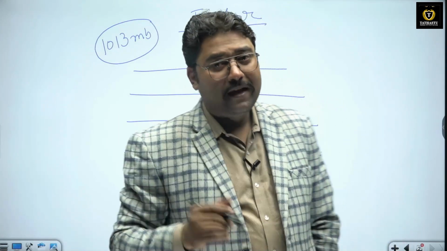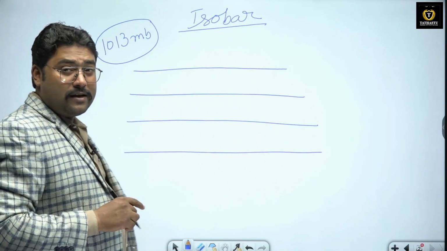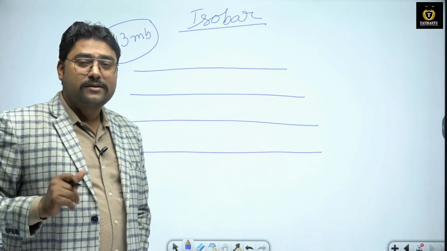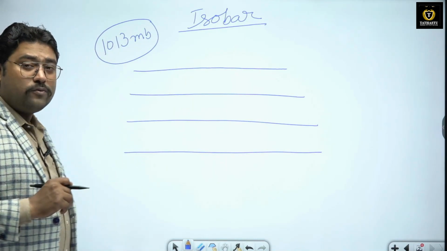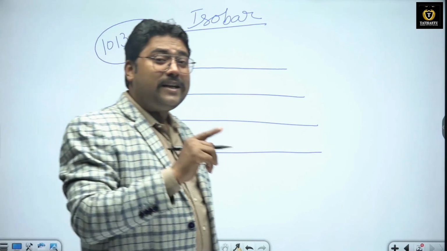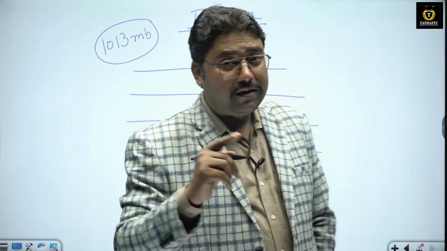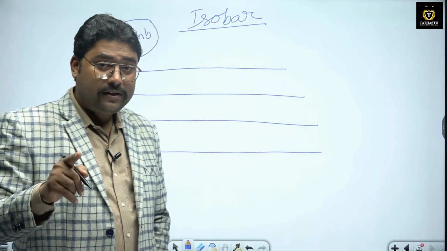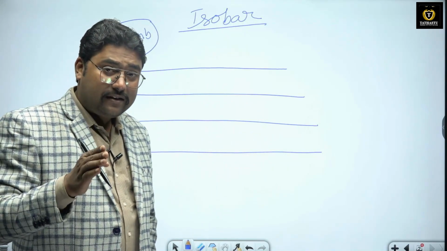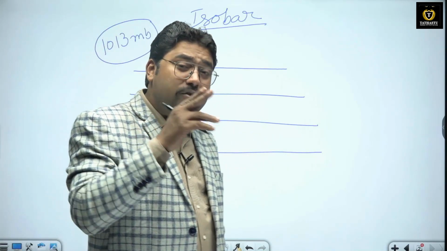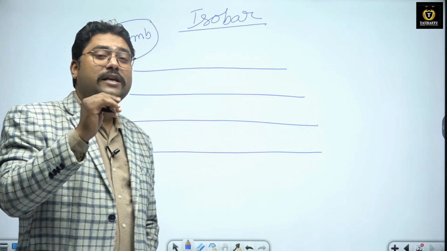And if the isobars are widely spaced, means there is a large gap between the isobars, then the pressure gradient is less. But if the isobars are closely spaced, then the pressure gradient is steep.